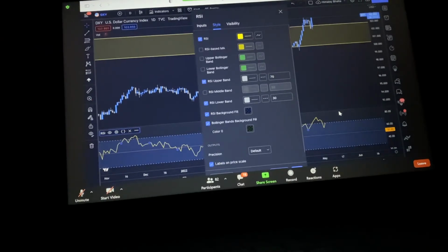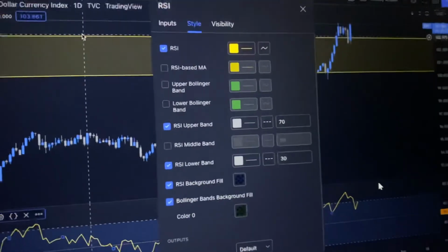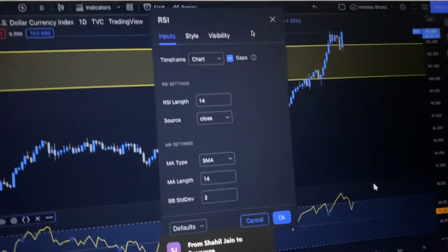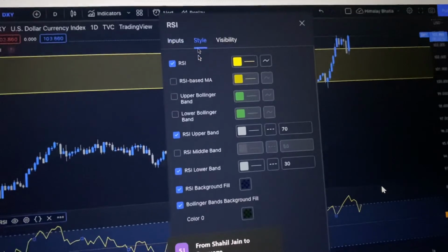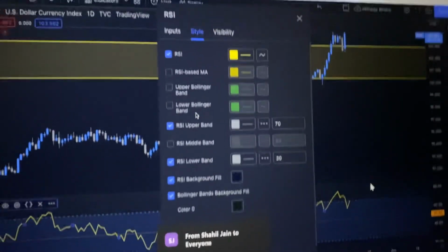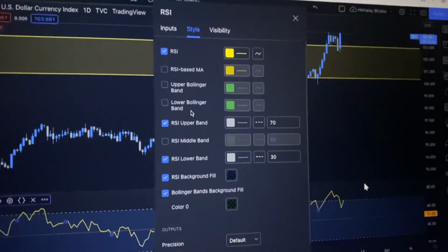Let me know once done. Screenshot done, but take a screenshot of the inputs also. Inputs, you don't have to change the inputs. You only have to change the style. There are certain additions that they have done to the RSI. All you need to do is change that. All right.